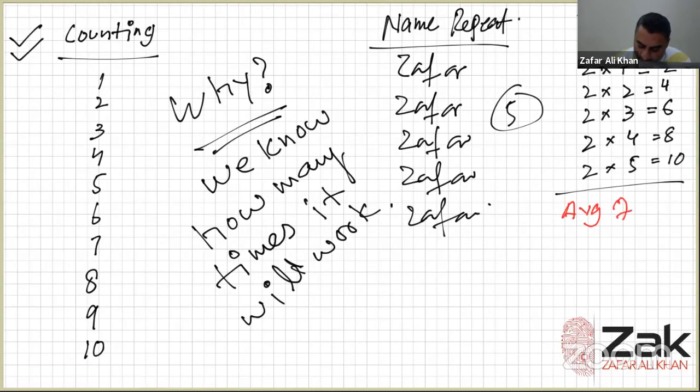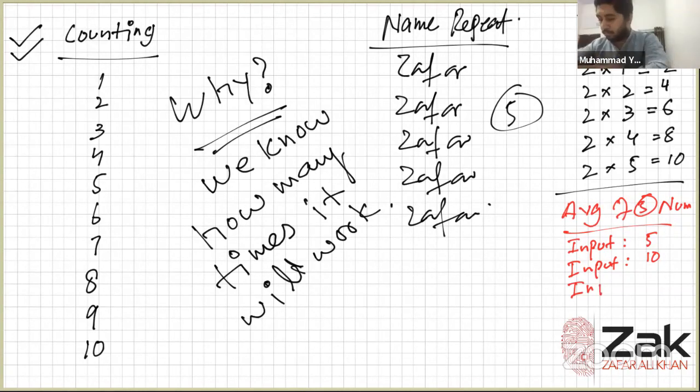Let's say I take 5, then I have another input, then I have 10, then another input, then I may have 3.